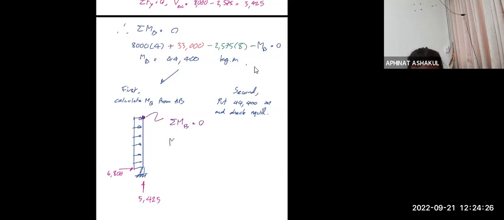So MB is going to be equal. And you see, you have 6,800 pushing to the left, or to the right, sorry. And then the uniform load. Both give you the counterclockwise moment. So MB is clockwise, right? And it's going to be equal to 6,800 multiplied by 6 plus the moment from the uniform load, which is now 20 times 6 squared over 2.